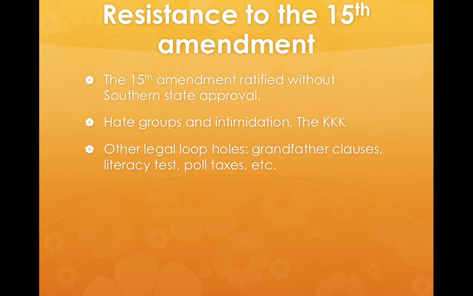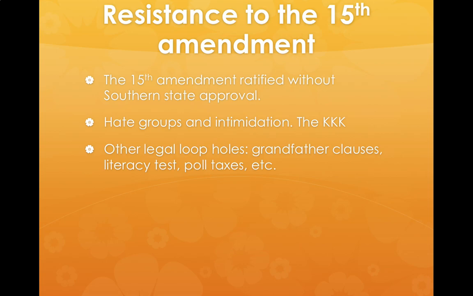Also, since the state could make its own voting requirements, there were other legal loopholes. For example, some states made up grandfather clauses, which said you were only eligible to vote if your grandfather was an eligible voter. So following the Civil War, all the freed African Americans, their grandfathers couldn't vote, so they can't vote.